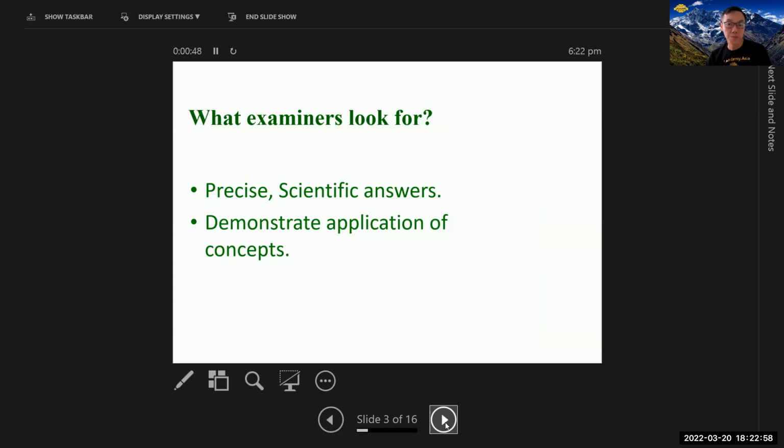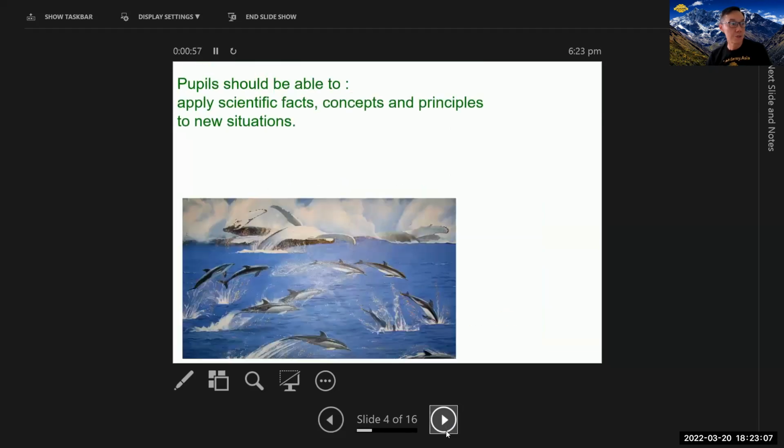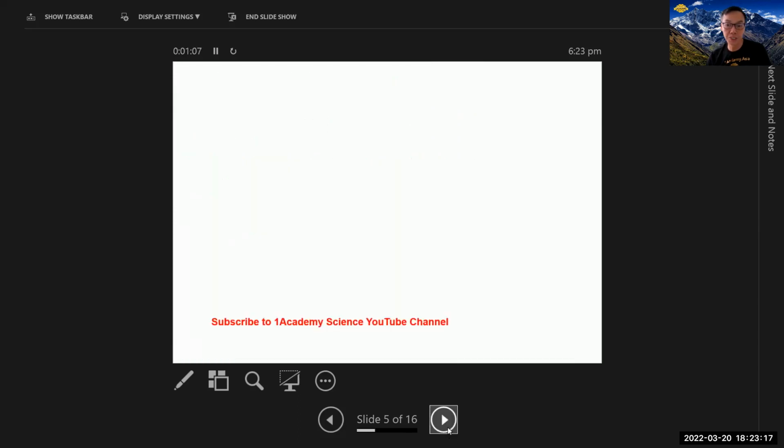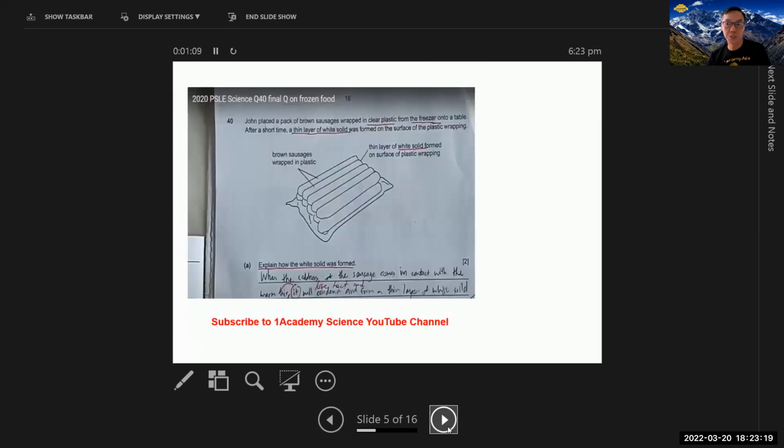They want precise scientific answers and want to see students demonstrating the application of concepts. These are the expected results from a student: students should be able to apply scientific facts, concepts, and principles in new situations. So the more situations you're exposed to, the better you can answer.